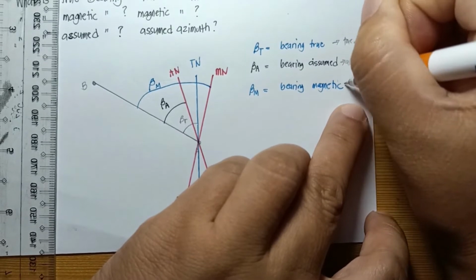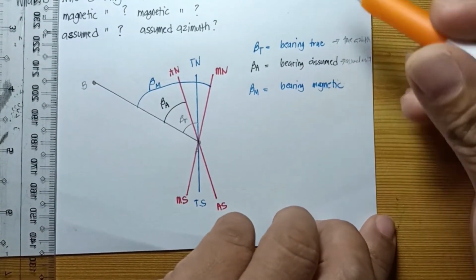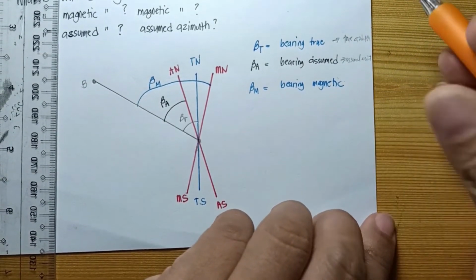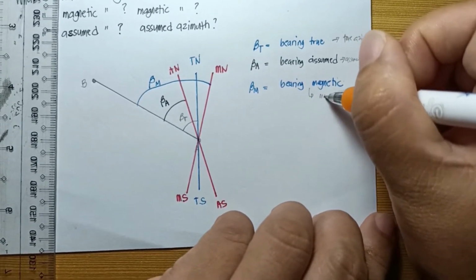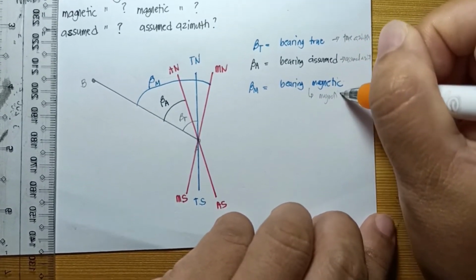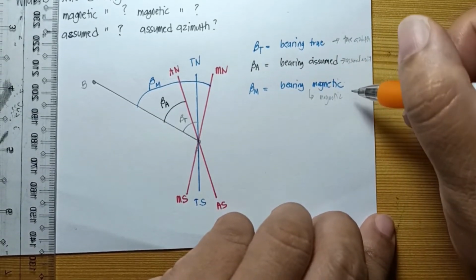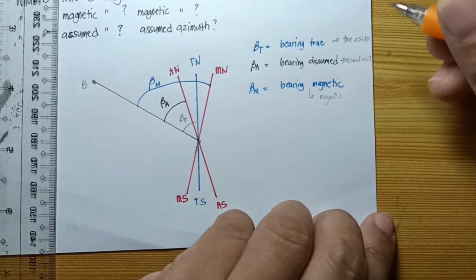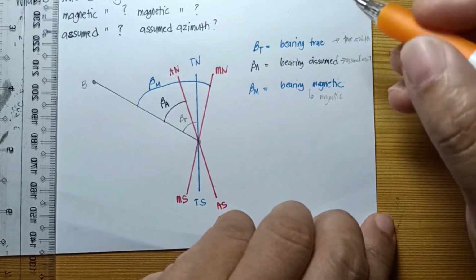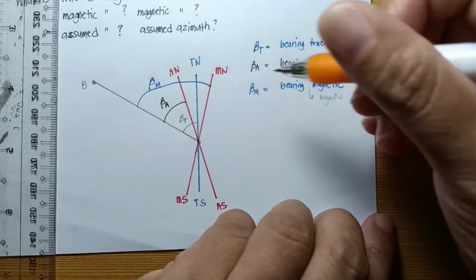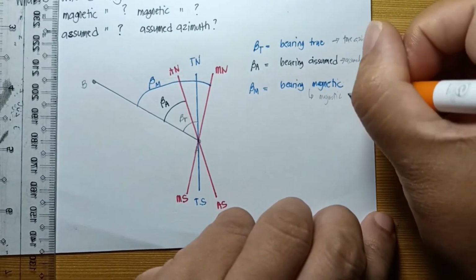Also, if you convert magnetic bearing to azimuth, then of course you get the magnetic azimuth. Using the previous lessons, you can convert bearing to azimuth and vice versa, then you will get this information.